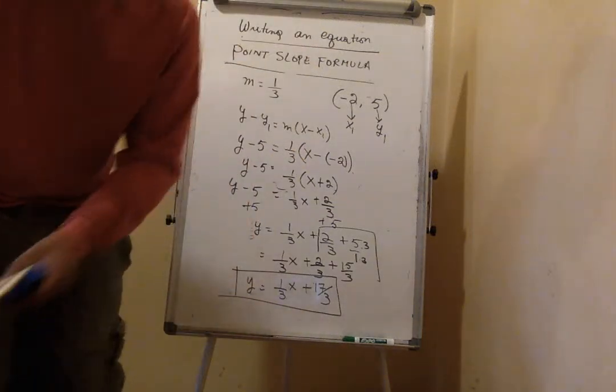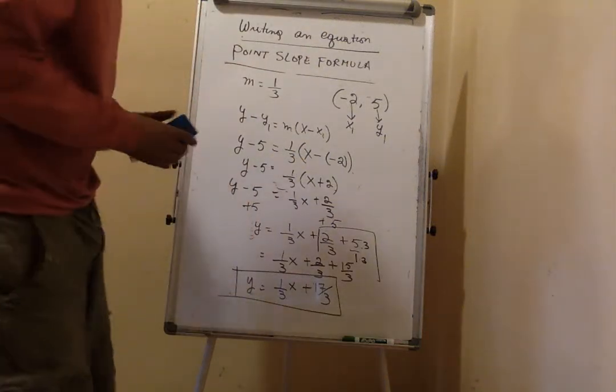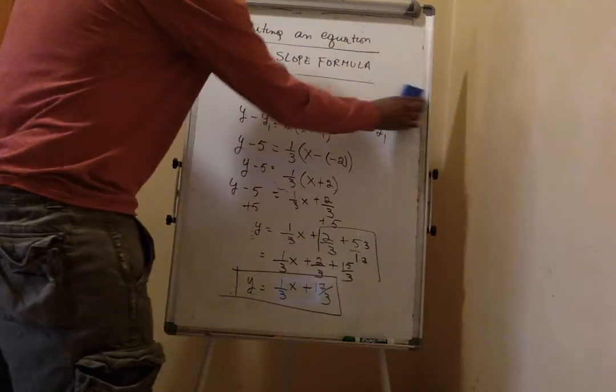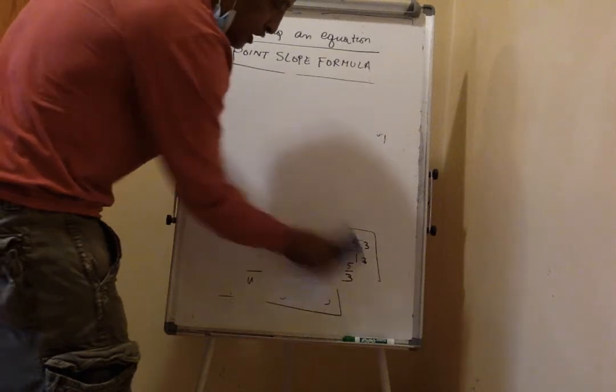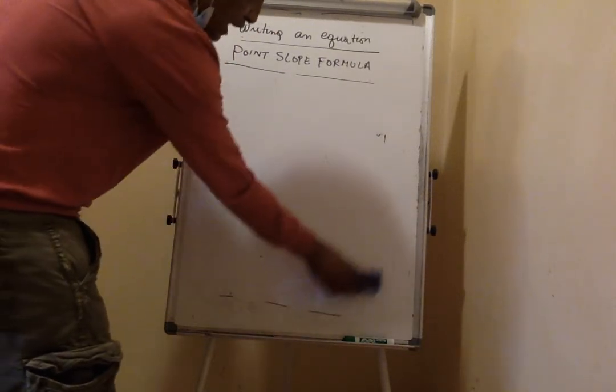Now, suppose the slope is not given to us, or we need a little bit of work to find the slope.